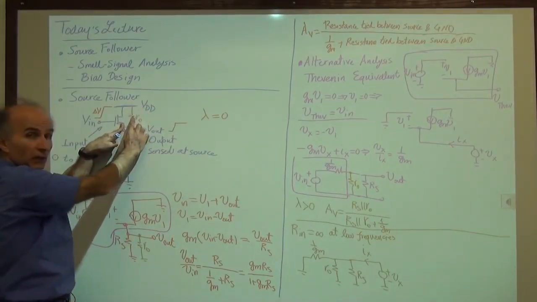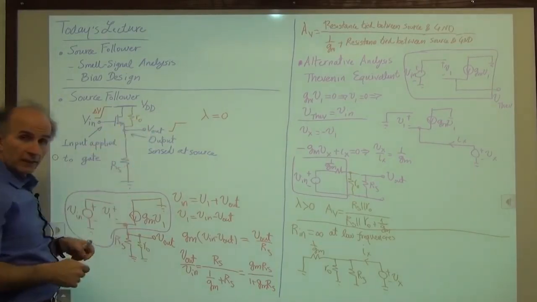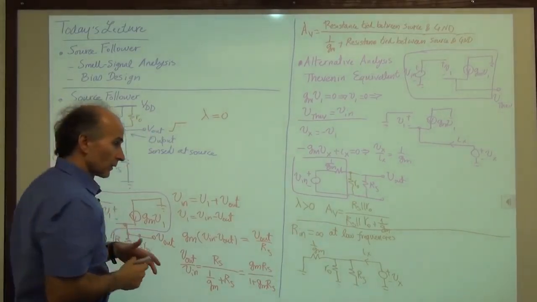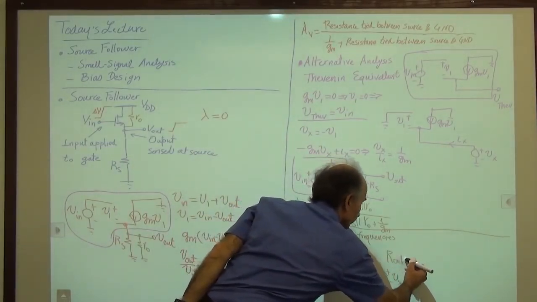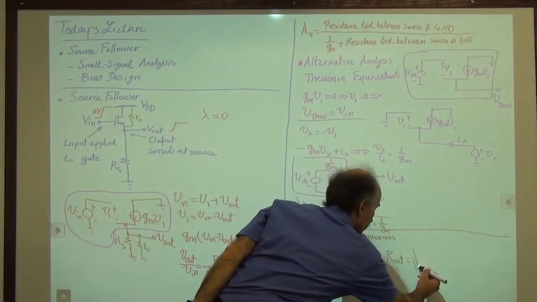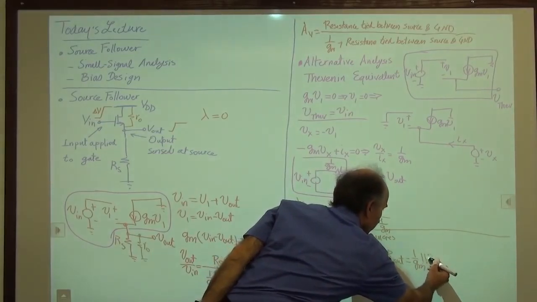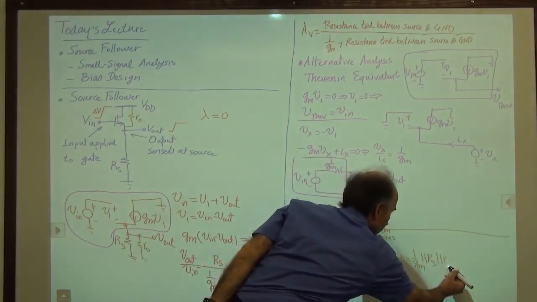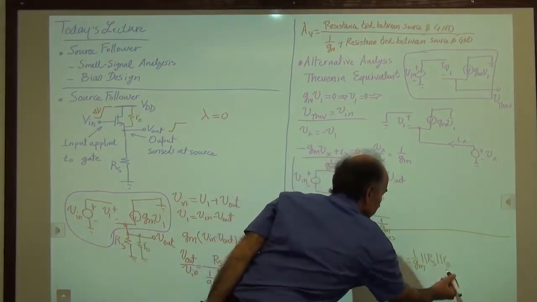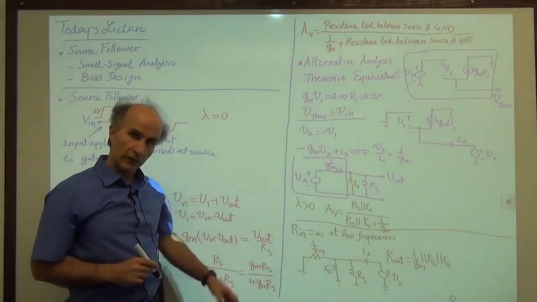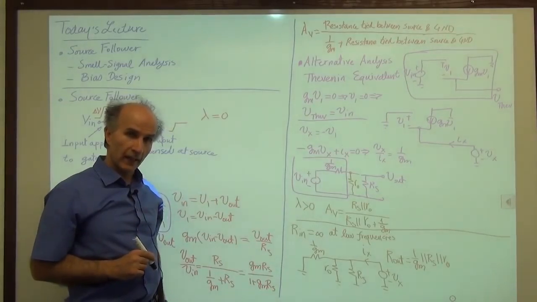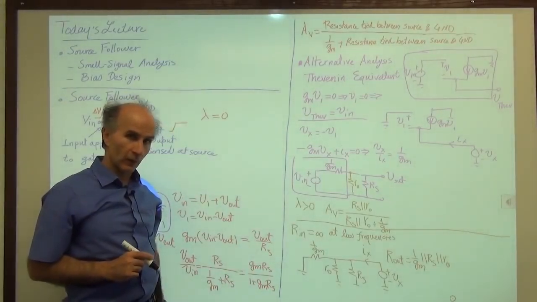Looking into here, we see RO. Looking into here, we see RS, all 3 in parallel. So we say Rout is equal to 1 over Gm in parallel with RS in parallel with RO. All right. So that's a nice way of analyzing the source follower.